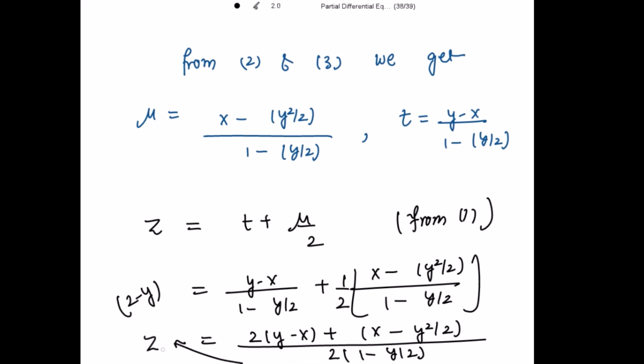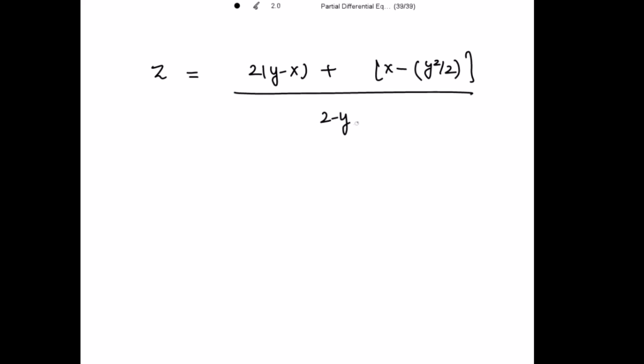So this z equal to this value is the required solution that passes through the initial data curve, right? So z is equal to [2 into (y minus x) plus x minus y square divided by 2] divided by (2 minus y) is the required solution.